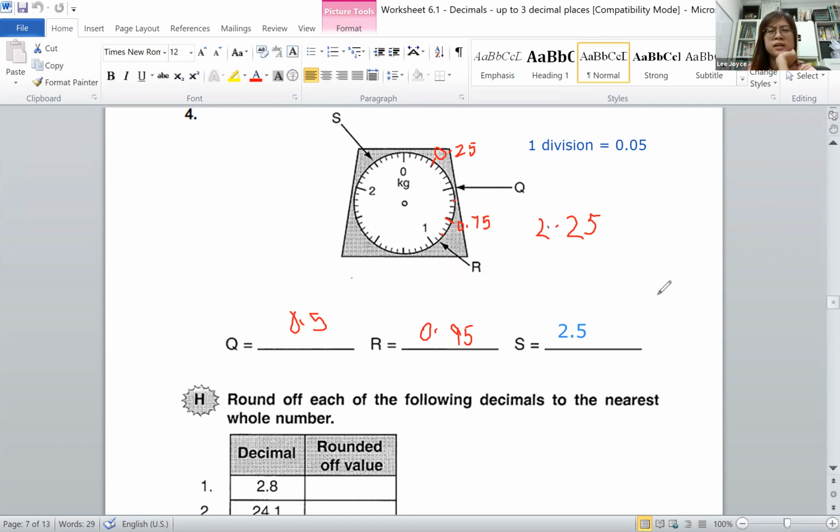Christabel is thinking, is it 2.5 or 2.25, or do I have other answers? So you have to look at it carefully and believe your own answer.